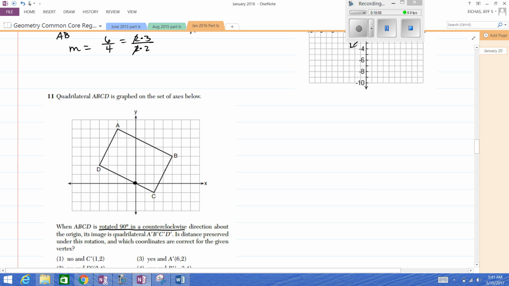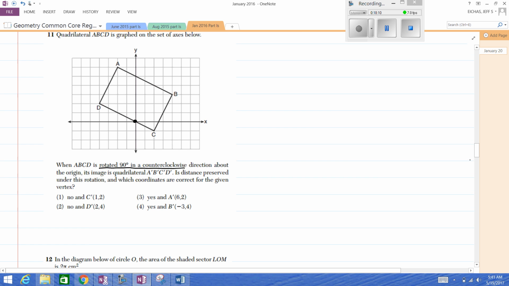So, all right. If we want to go 90 degrees counterclockwise, oh, we can get rid of the nose. 1, 2, 1, 2. So what this is, A to the origin, that's going to have a slope of 6 over 2.